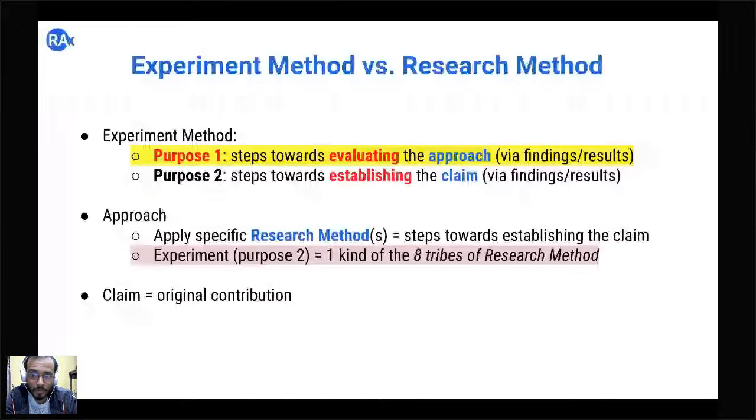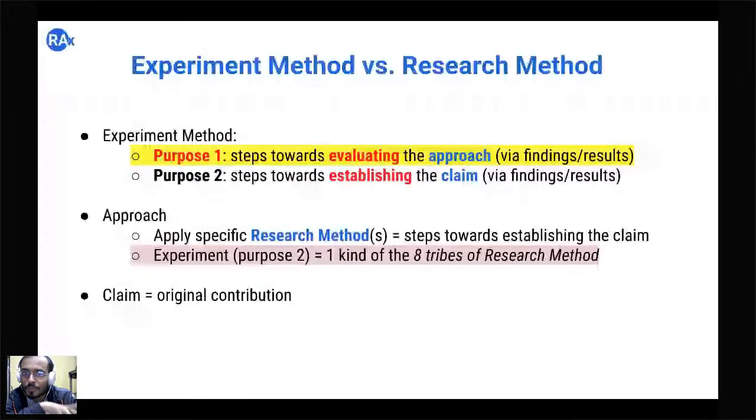So when you run that experiment for the second purpose, you also come to some findings or results, but now you are using these results to establish the claim that you are trying to make, rather than to show how good your approach is.